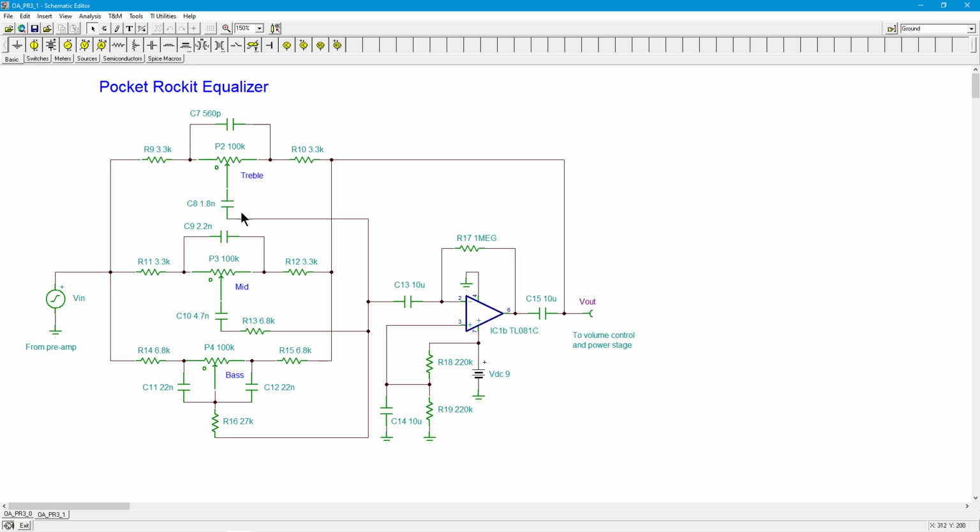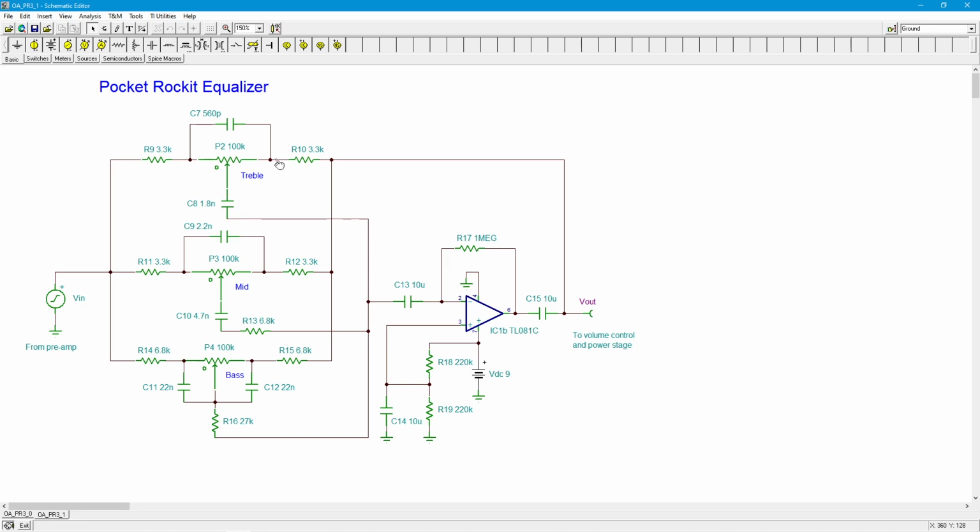If C8 is an open, no signal is going to get to the input of the amplifier. You can almost think of this, not quite, as a summing amplifier, but unlike a summing amplifier, these things are being bridged back to the output. But in any case, if C8 is open, there's no path for signal, so there's no real effect here.